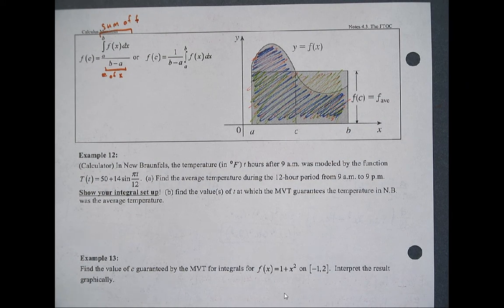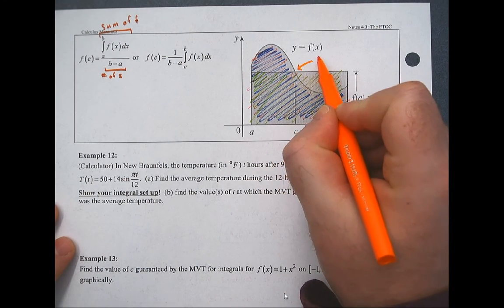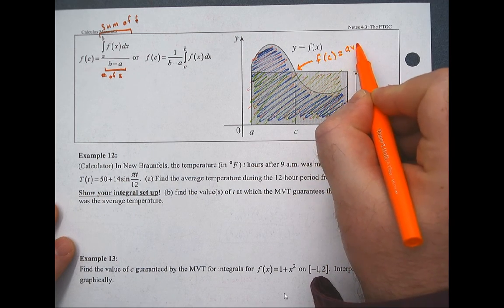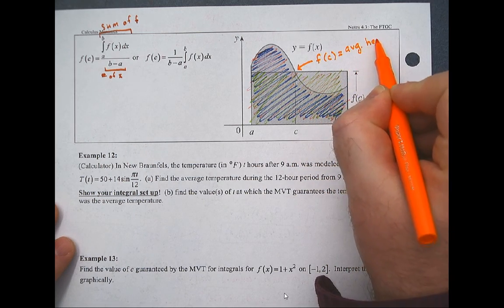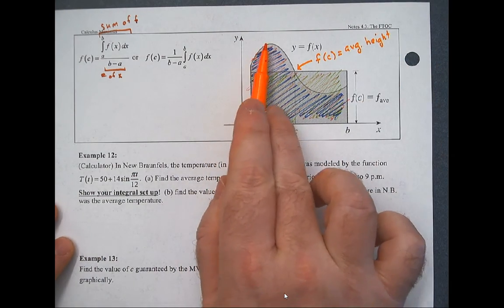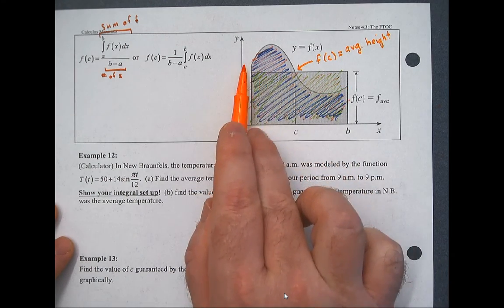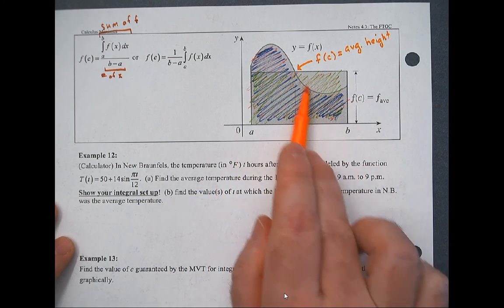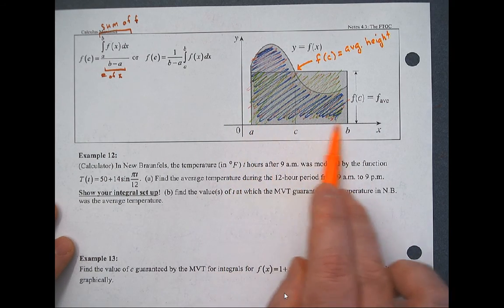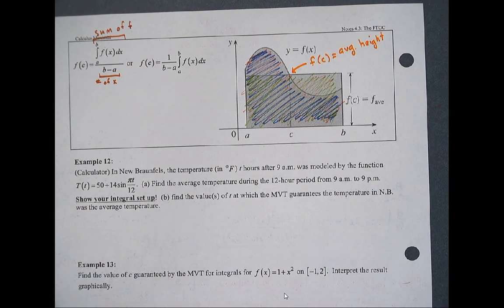So f of c, this value right here, f of c is the average height, the average y value. If you took all these heights, all these y values, and added them all together, which would be impossible because there's infinitely many of them, but if you could, you would add them together and divide by how many there could be, that would be this distance here, you would get that y value, that height.